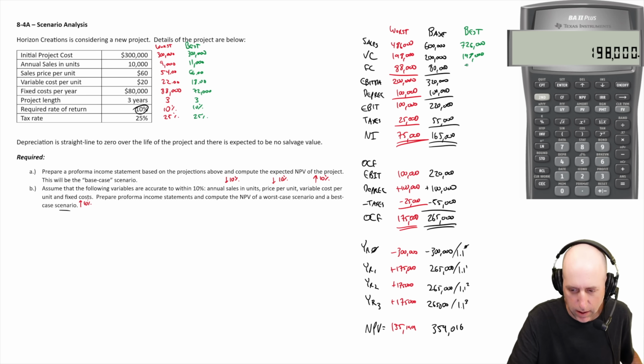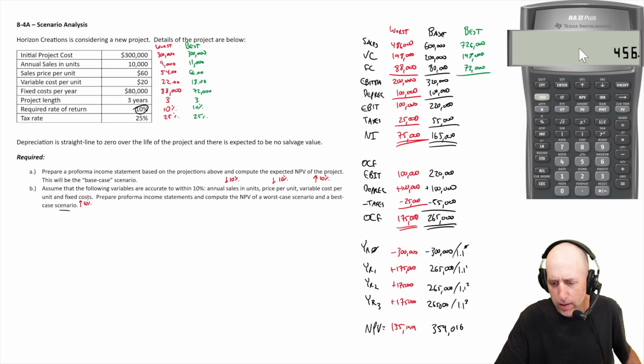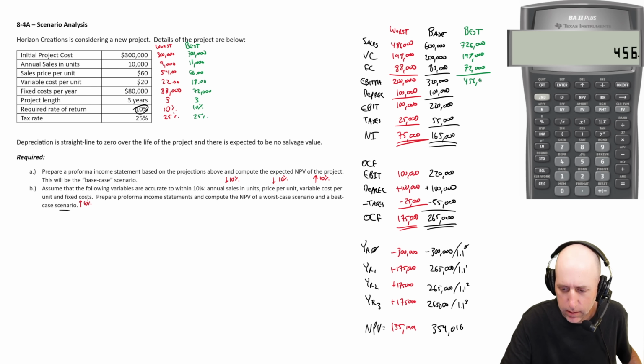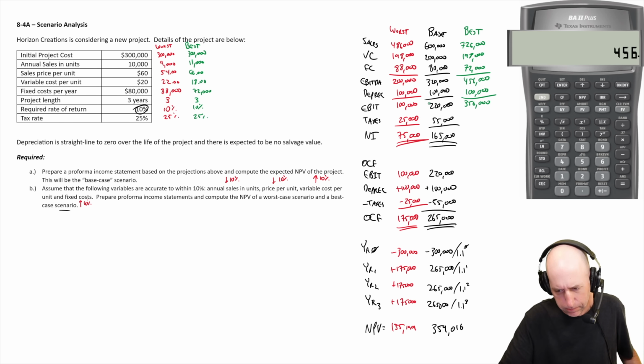Fixed costs, 72,000. 726 minus 198 minus 72, 456. Our depreciation is 100,000. So that brings us down to 356 in EBIT, and you can see significantly higher than the other two.